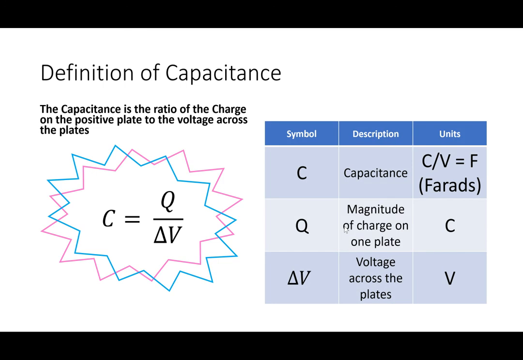Something to keep in mind with this is that it's the ratio that is consistent. If you change the charge on one of the plates, that's because the voltage changed. You can't change the charge to change the capacitance. If you change the charge, you change the voltage. And so capacitance is going to have units of coulombs per volt, which is known as a farad.